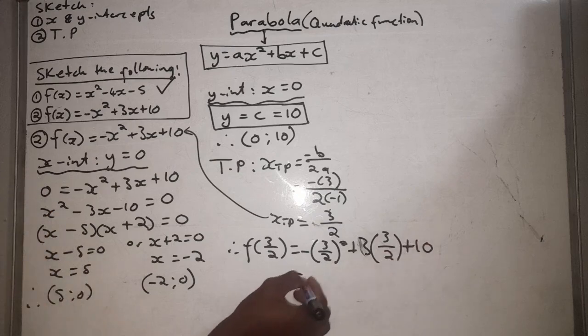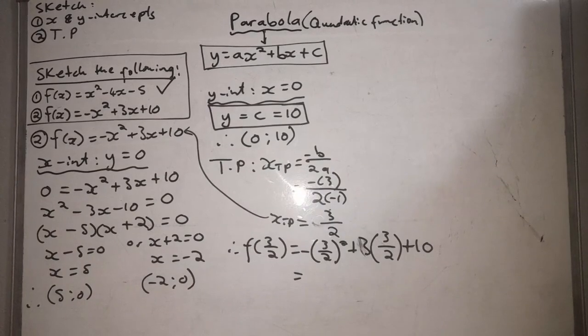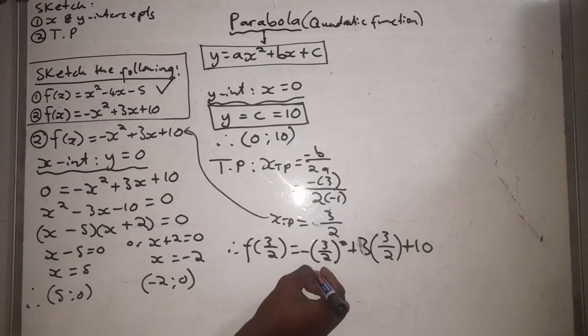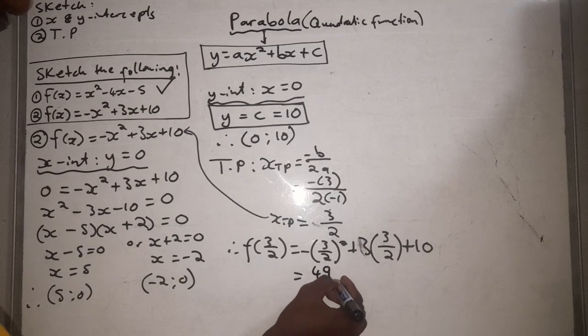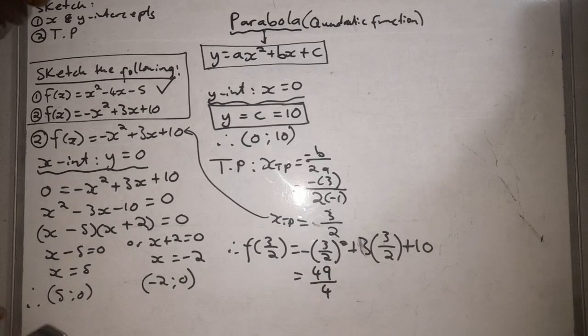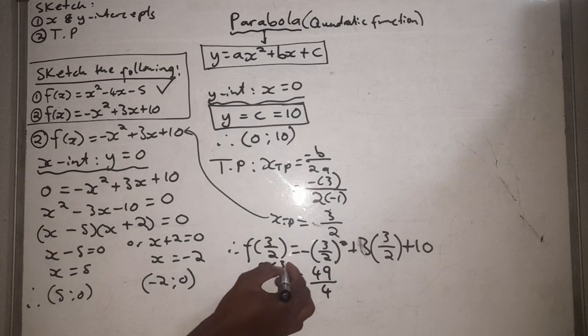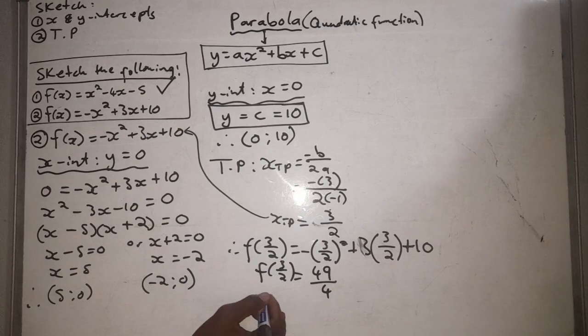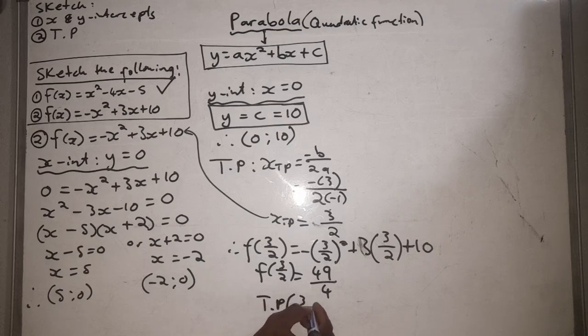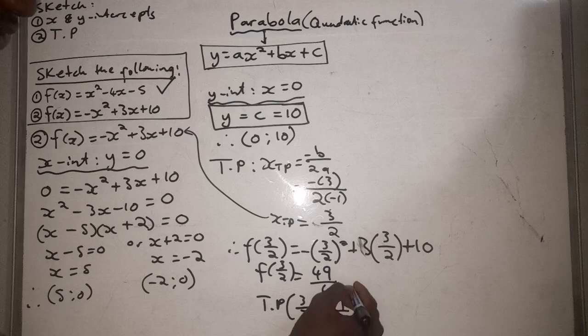This is going to be 49 over 4 there. And so the coordinates of the turning point are going to be 3 over 2 for x and 49 over 4 for y.